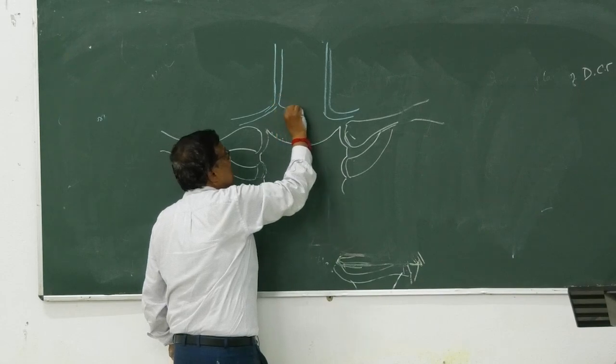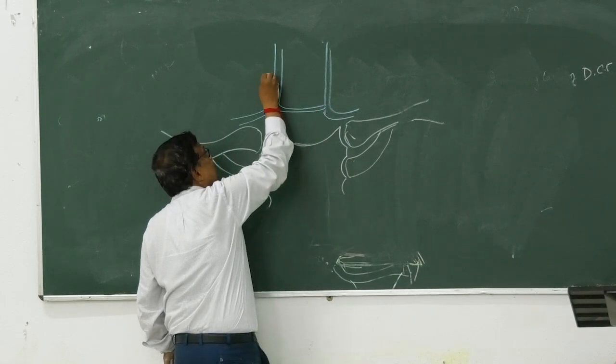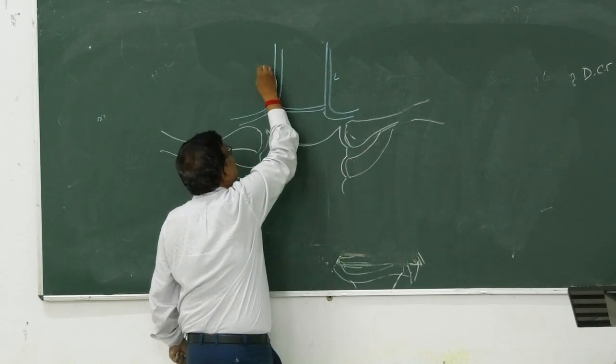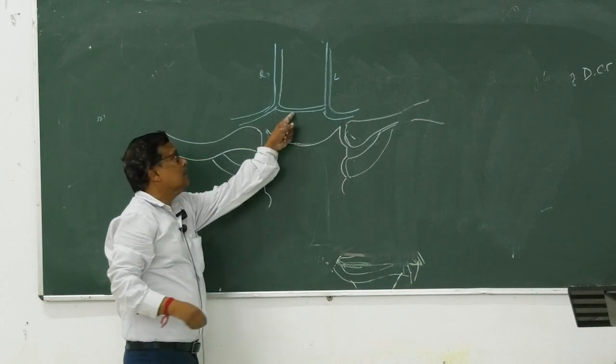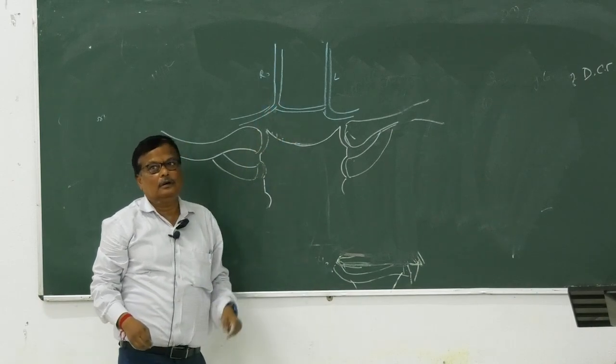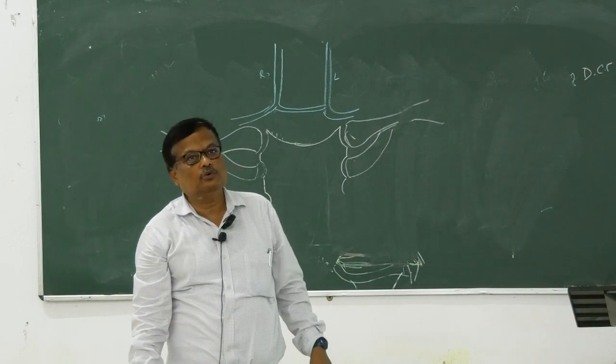In the suprasternal space, the anterior jugular vein of the right side and left side is connected with its counterpart by a connector we call the arch of the jugular vein.